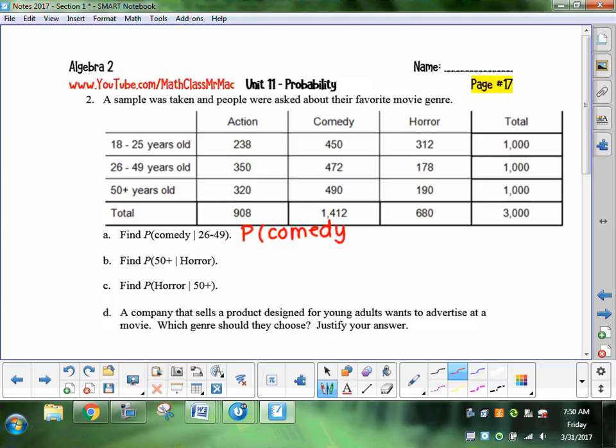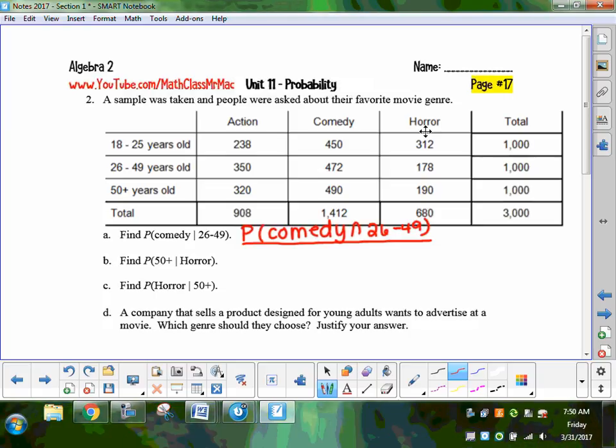So it's got to be comedy and that age range, 26 through 49, and you're going to divide that by what? The probability of the age group, which in this case is 26 through 49.